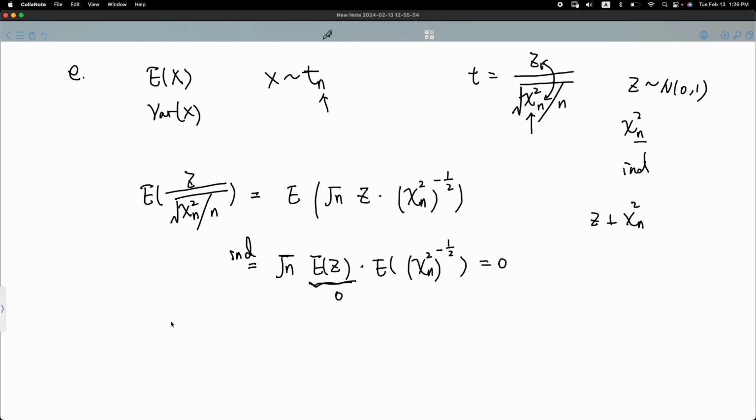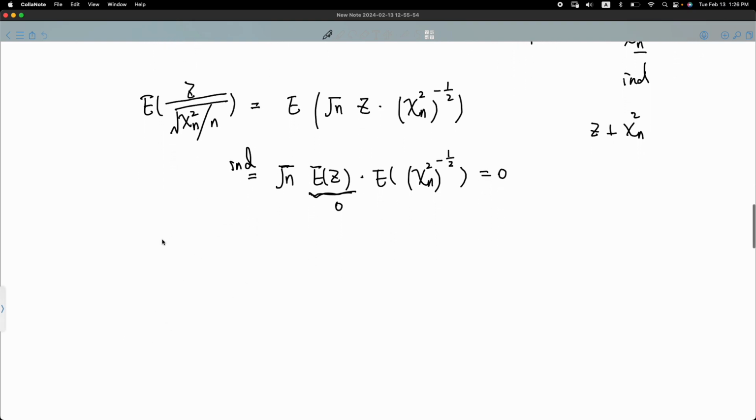Next, let's talk about the variance of this, Z over the square root of chi-square with degree of freedom n divided by n. We write this as the expectation of the second moment of the entire thing, minus the square of the first moment.